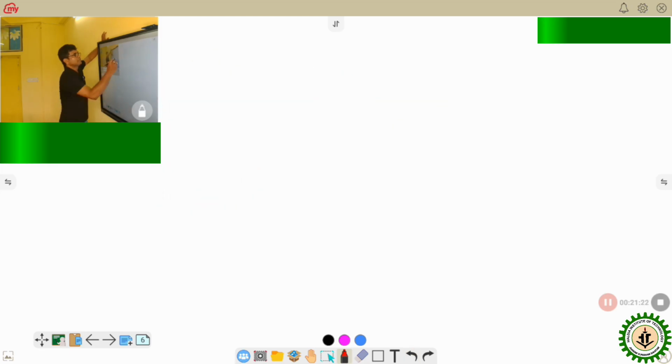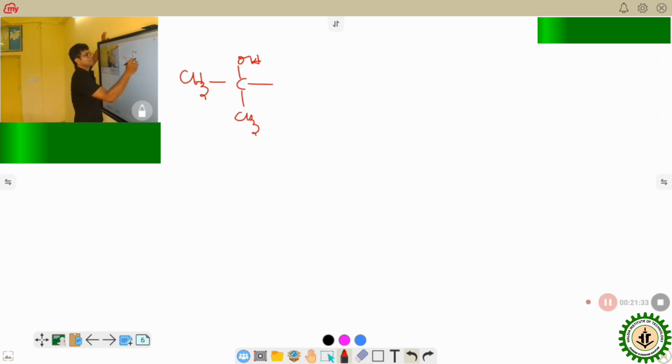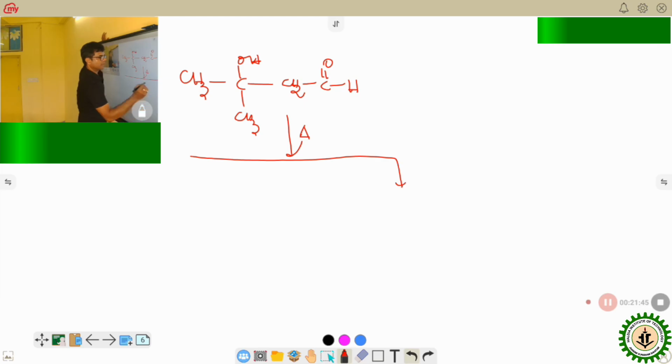Now, if I take this, which is one of the crossover products in the previous reaction, after heating two products are formed, alpha beta unsaturated aldehyde or ketone.